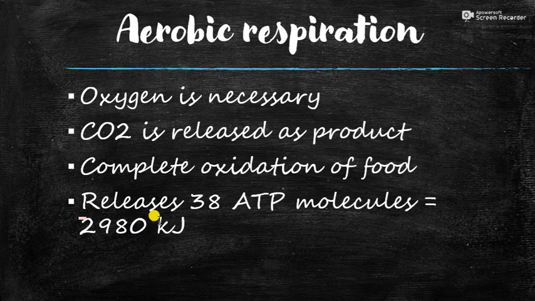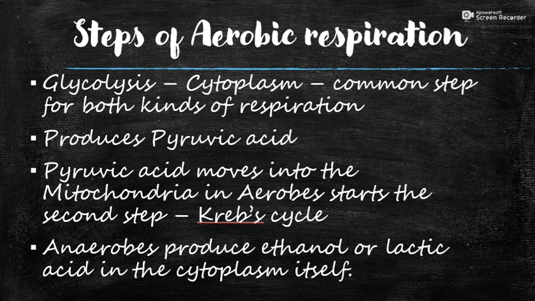So this is the maximum amount of energy that one molecule of glucose can yield. By the end of aerobic respiration, complete oxidation of glucose happens, which releases 38 ATP molecules, which is very necessary for you to learn.